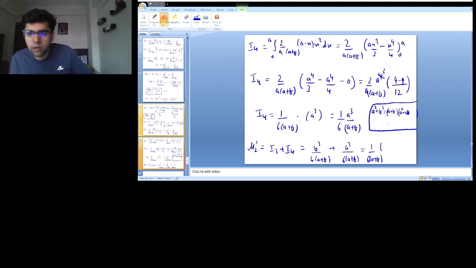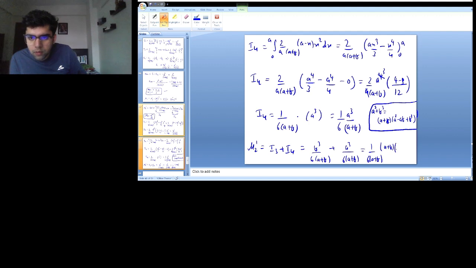Let me write this clearly. A cube plus b cube is equal to a plus b into a square minus ab plus b square. So a plus b and a plus b can go away.